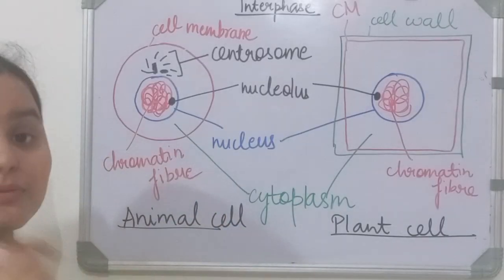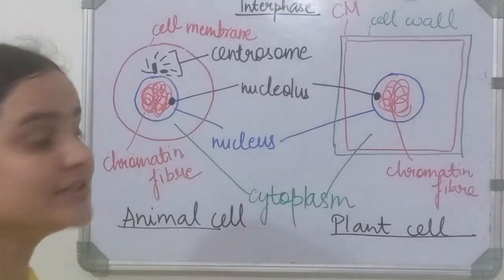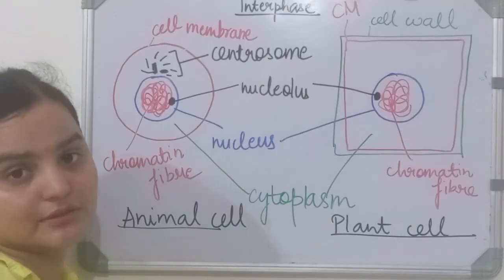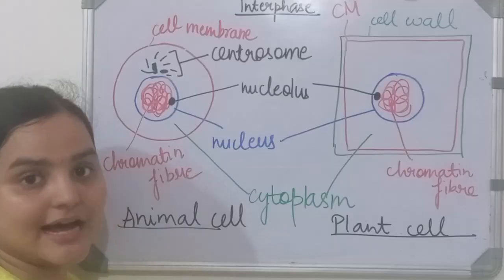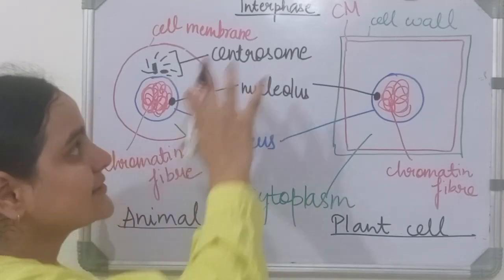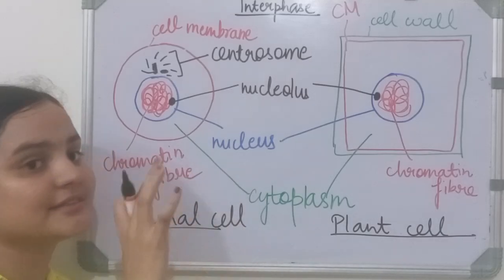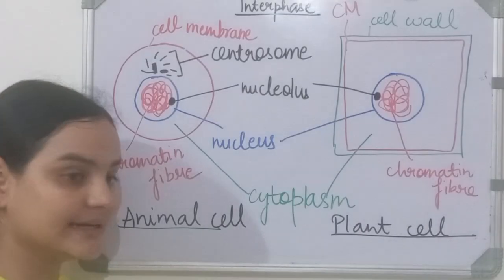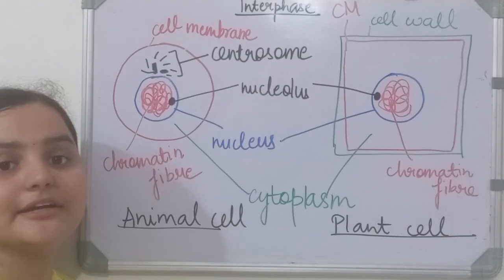Okay, so you may note this point that you won't be able to see any visible change in this chromosome structure. Suppose we know that our earth rotates around the sun, but are we able to see that change? Are we able to feel that change? No. Similarly, in case of cells also, this interphase stage under a microscope seems to be unchanged, as if nothing is happening, but in reality we know that DNA synthesis is taking place, cytoplasm is increasing, chromosome is getting duplicated.